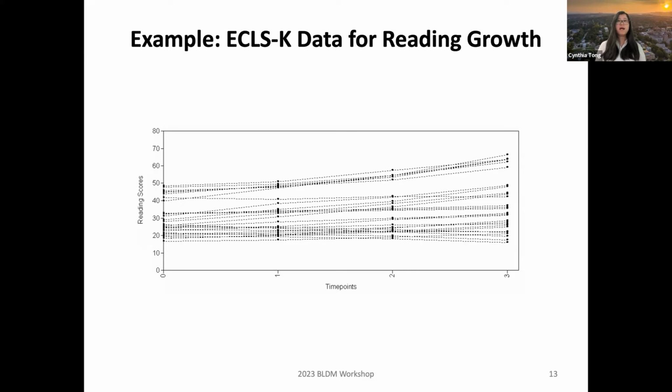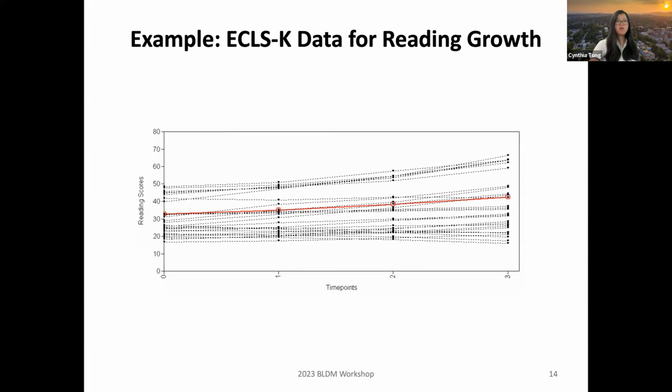Okay, and we have the reading scores recorded. If we just fit a growth curve model, we'll see the average growth at each time point, and it seems like there is a slight increase from time 1 to time 4. Okay.